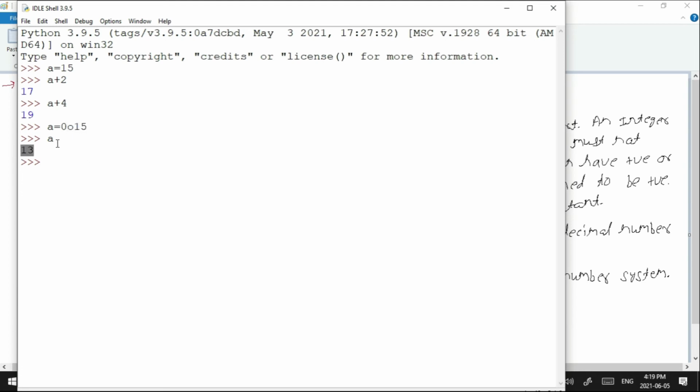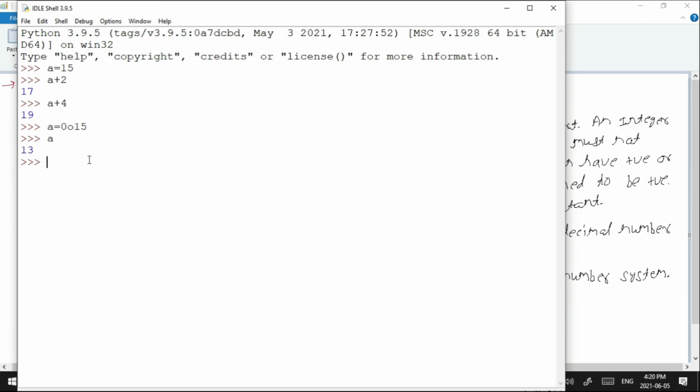Whenever you print a variable, it always prints the number in decimal. So we have stored 15 in octal in the variable a, and when you type a, we get the actual number in decimal.